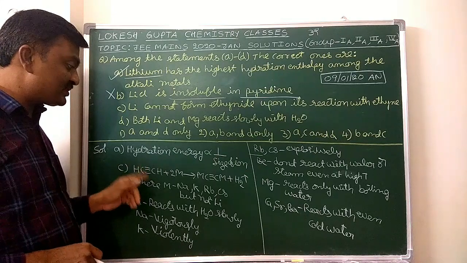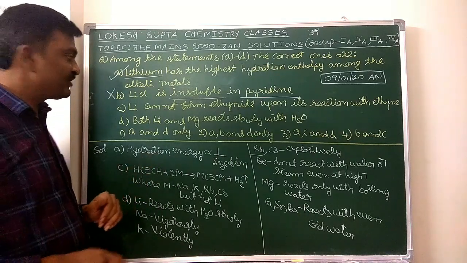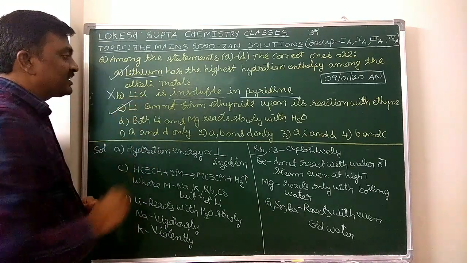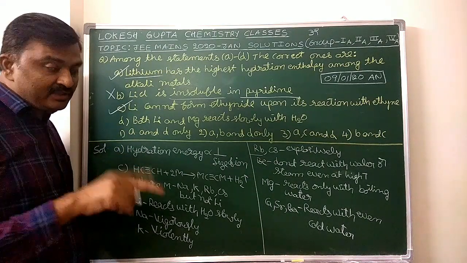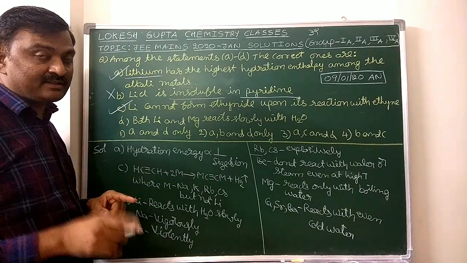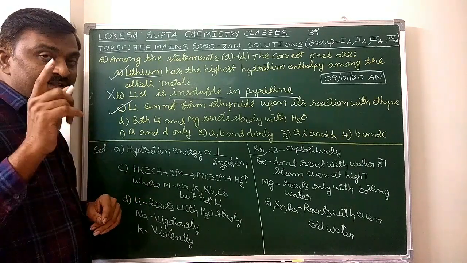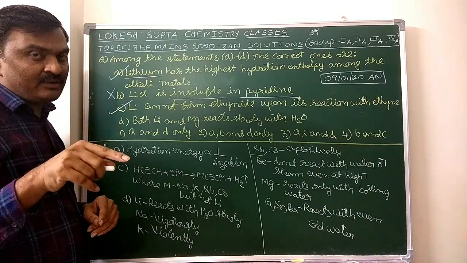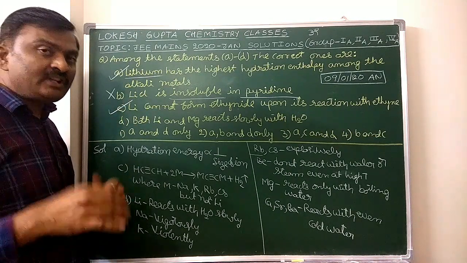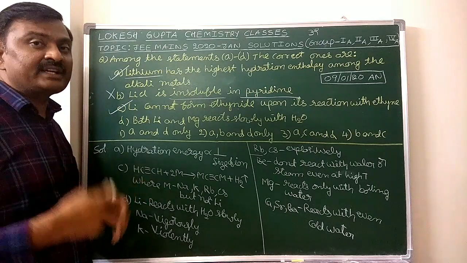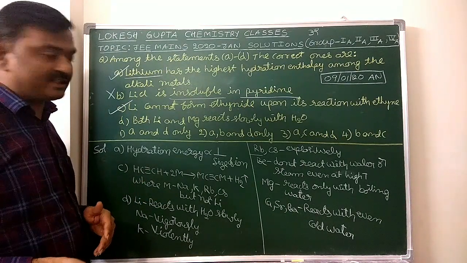It is true for sodium, potassium, rubidium, cesium. So this statement is also correct. So with acetylene, except lithium, the remaining 1A group elements can react. Next, with carbon, among the 1A group elements, only lithium can react directly. The remaining 1A group elements cannot react with carbon directly.